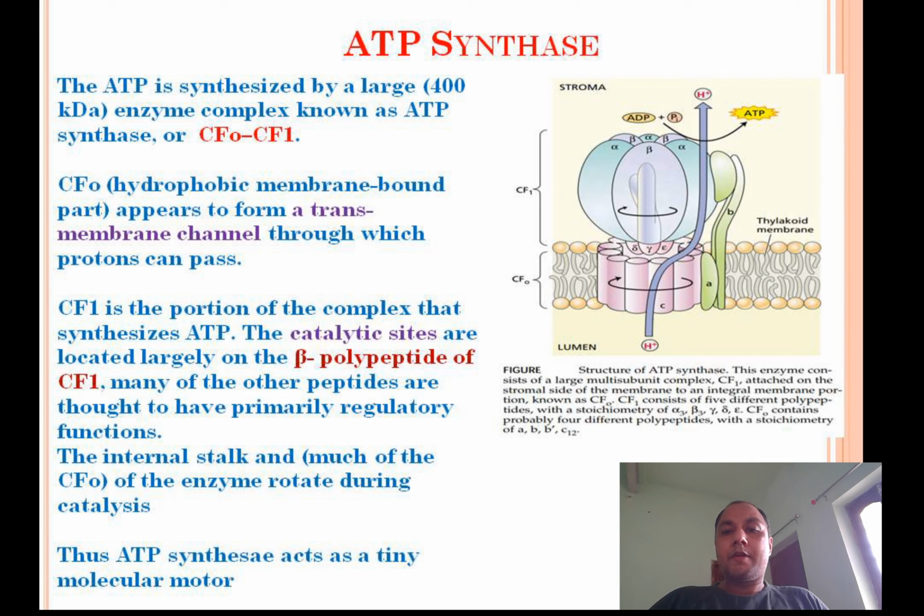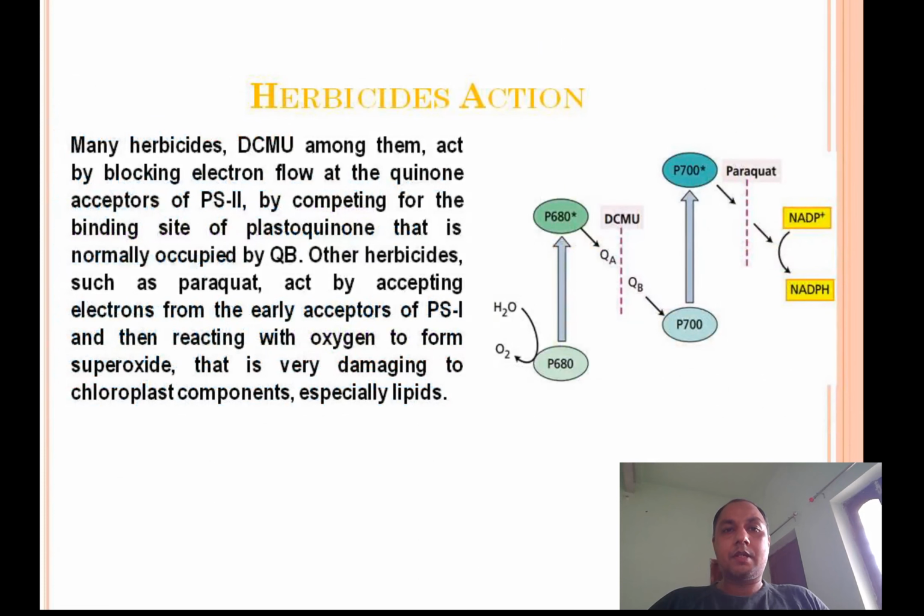What happens when the protons move back from lumen to stroma? The internal stalk, which is mainly made of CF0 and partly of CF1, rotates, and this rotation ultimately creates the energy for the phosphorylation of ADP. So at the stromal side there would be the synthesis of ATP.